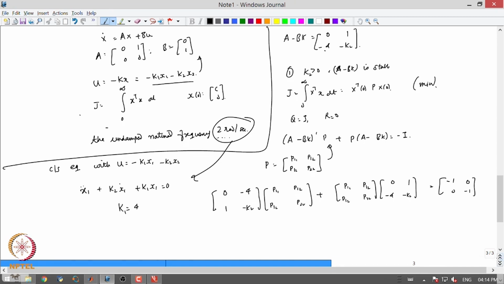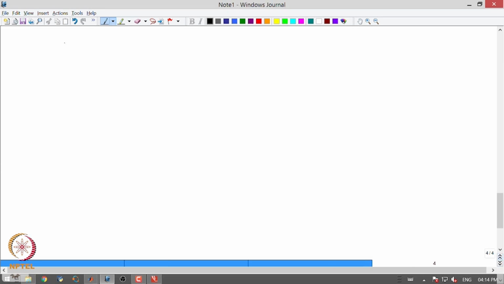So I just have to solve for P 11, P 12, P 22 in terms of k 2. I rearrange terms and go through some computations, and P comes out as 5 over 8 k 2 plus k 2 over 8 on the diagonal terms, with 1 over 8 off-diagonal, and 5 over 8 k 2.